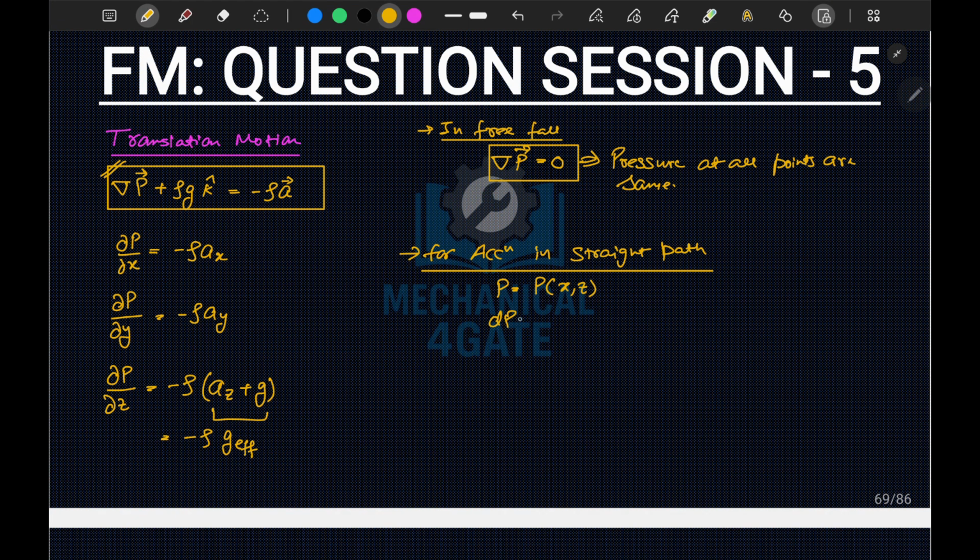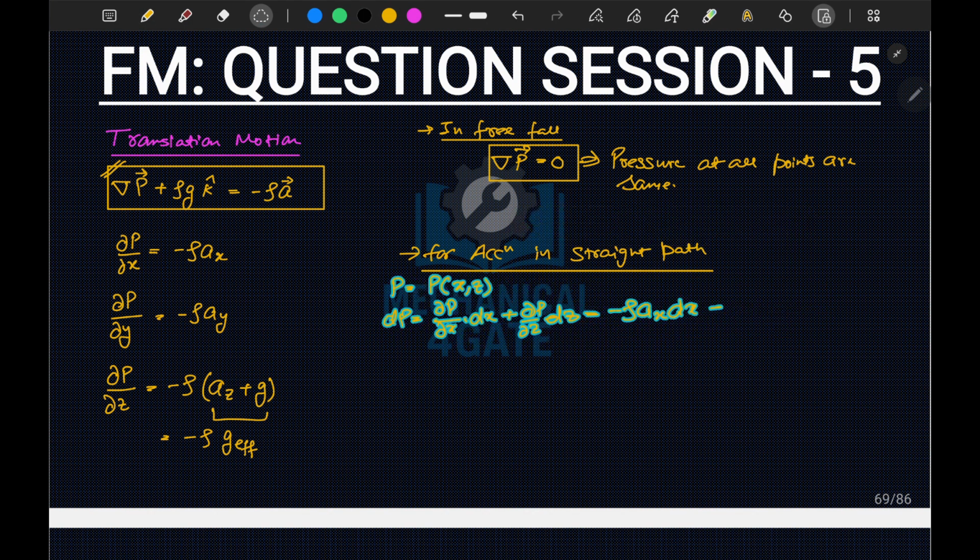So from here we write dp is equal to del p by del x times dx plus del p by del z times dz. This can be written as minus rho ax times dx minus rho times az plus g times dz. So this is your equation for pressure.